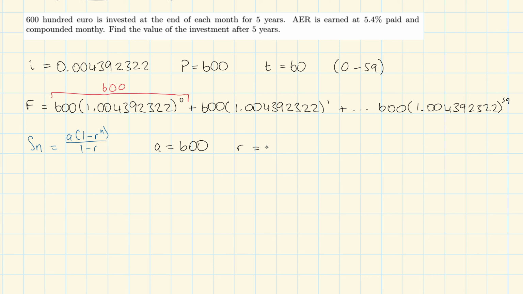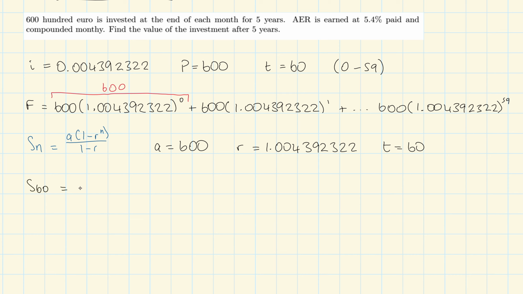So my interest rate is 1.004392322, and then n, there's still 60 investments, just to remember that, because 0 all the way up to 59 will still give you your 60.